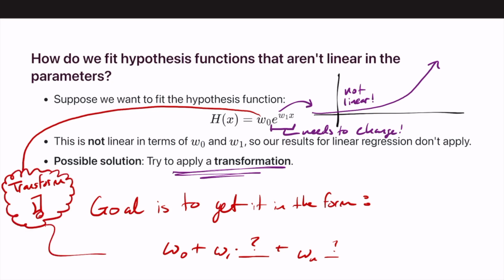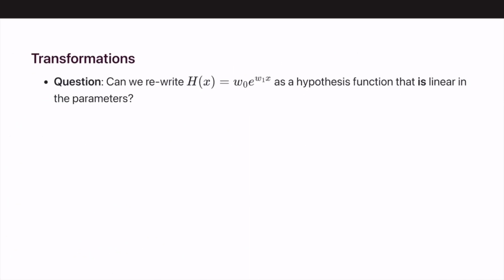So we have to have some sort of transformation that does this. We need to get it linear in the parameters. So how do we do that? Let's go ahead and take a step-by-step approach. All right, so we have, let's see.